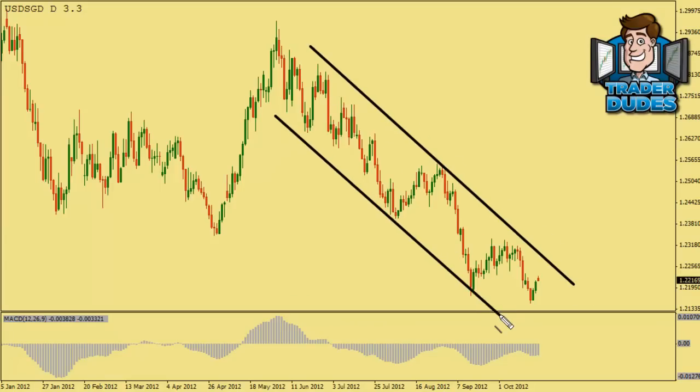So if you're going to take a long here, you're battling the current down move. Okay, so it's not clear cut enough for me, not something I'm going to take.